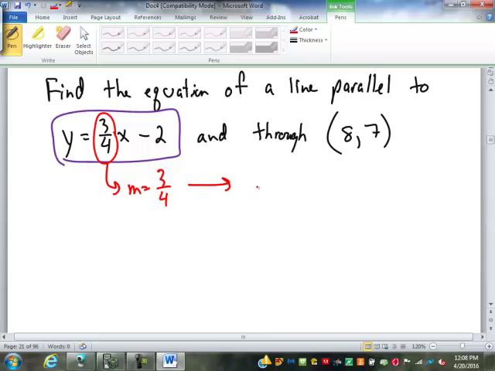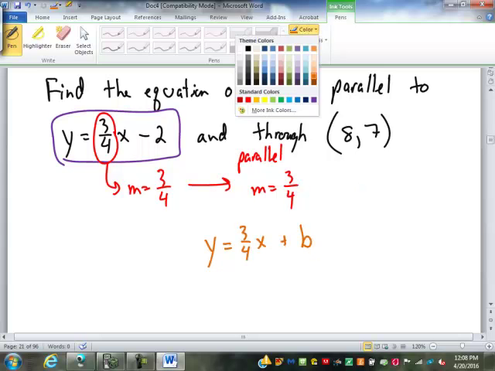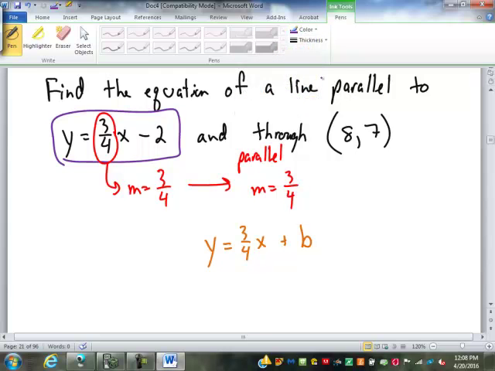And now the slope of my parallel line will be the same. So m will still be 3/4. So y equals 3/4 x plus b. And now we're back to exactly what we were looking at 20 minutes ago. I have the slope, and I have a point that gives me one solution for x and y, which has to make that equation true.